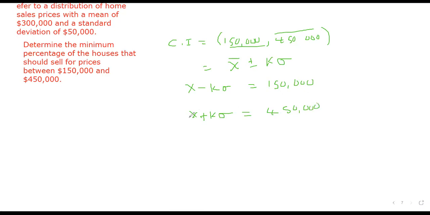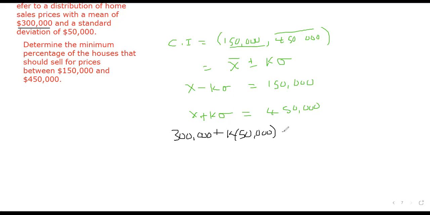So now, what was our mean? From this question, our mean was 300,000, plus the K we don't know, times the standard deviation, which was 50,000.